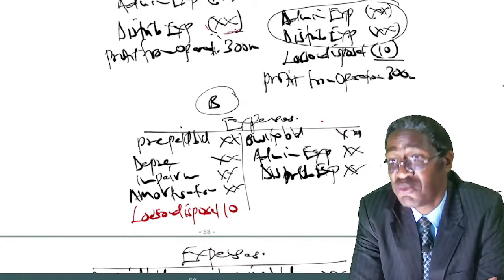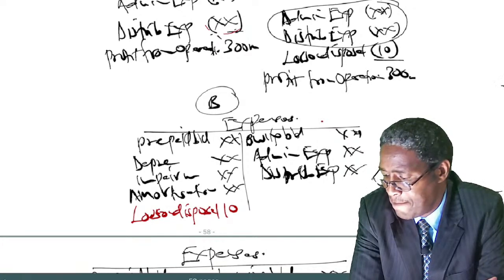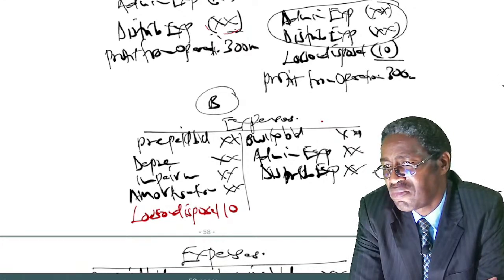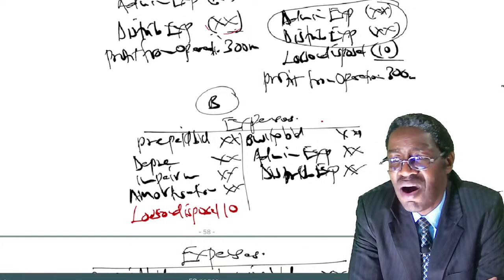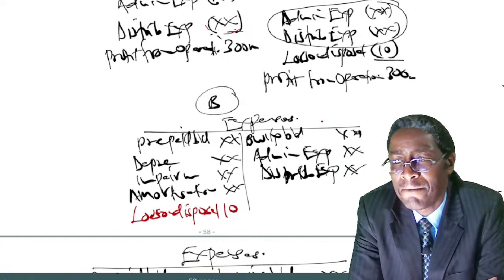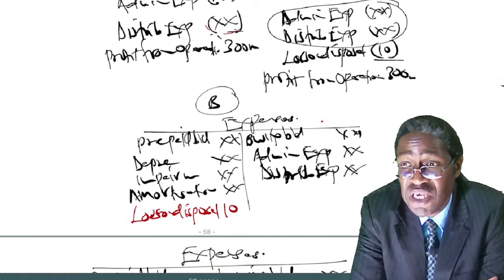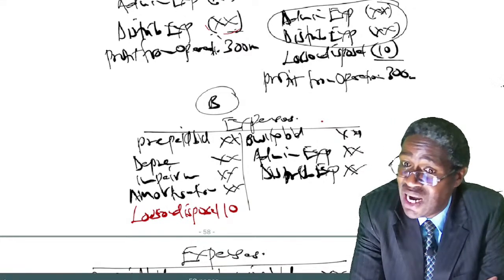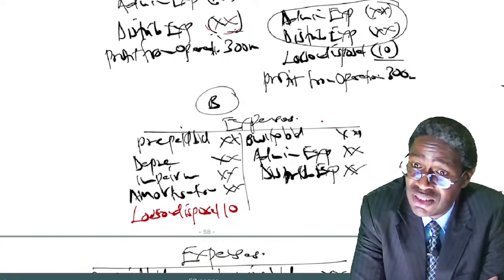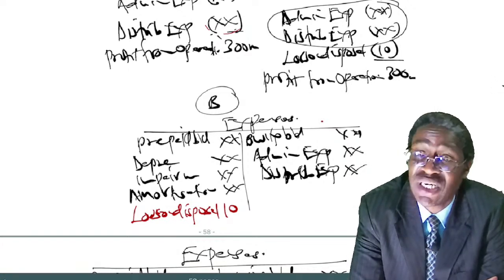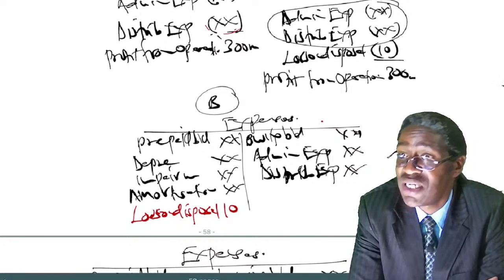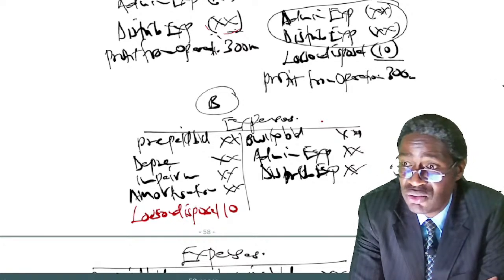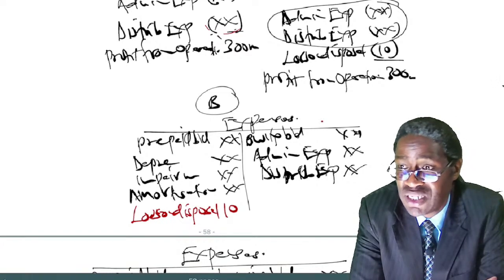For accountant B, I'm waiting. For accountant number B, will I come and remove the 10 million? As much as it's true, it's an uncashed item. Will I remove the 10? It is either yes or no. Somebody has said yes.